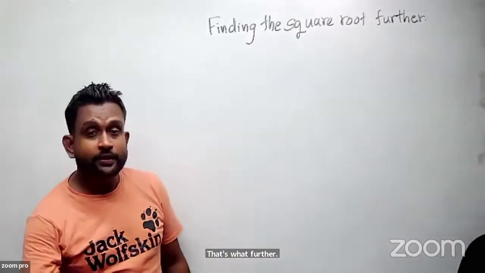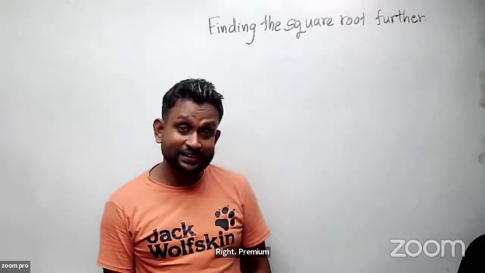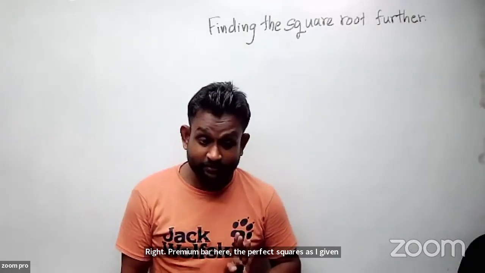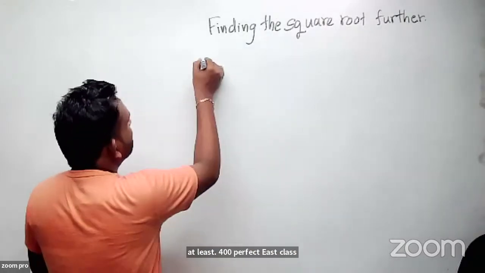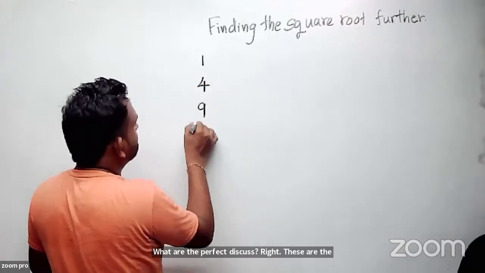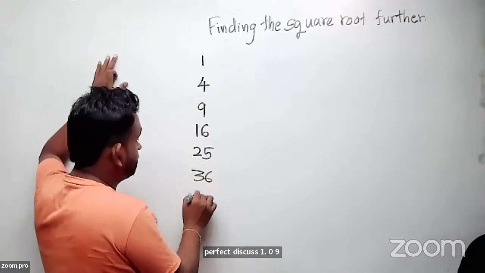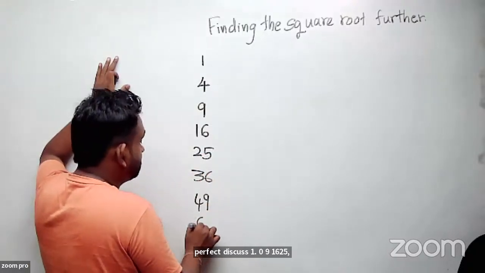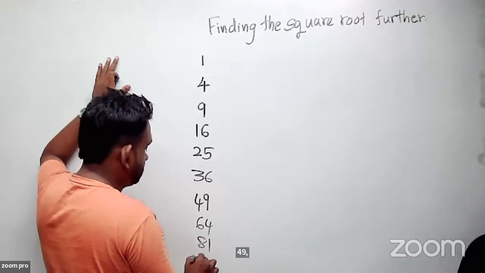Right. Remember the perfect squares, as I have given, at least up to 100. What are the perfect squares? Right, these are the perfect squares: 1, 4, 9, 16, 25, 36, 49, 64, 81 and 100.